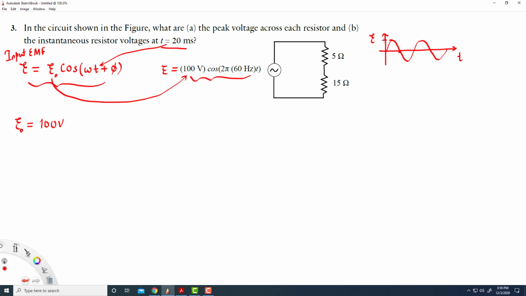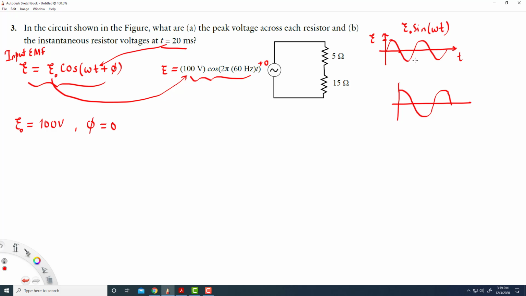This is the peak. Okay, peak is the maximum value. And phi, we don't have phi here, so that means it's 0. Phi is 0 means it starts from the maximum value, like that. By the way, I drew the sine curve here. This is E naught sine omega t.